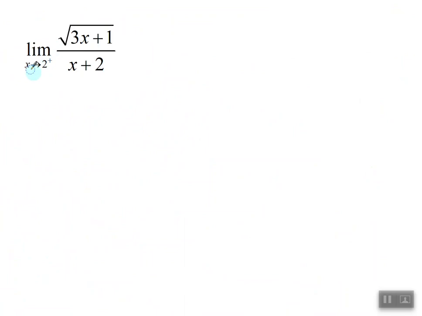The limit as x approaches 2 from the right of the square root of 3x plus 1 divided by x plus 2. Now again, we have a quotient, so we want to do the limit of quotient property where we deal with the numerator and denominator limits separately.